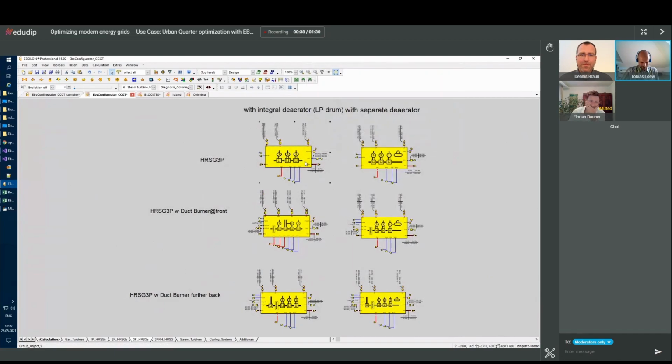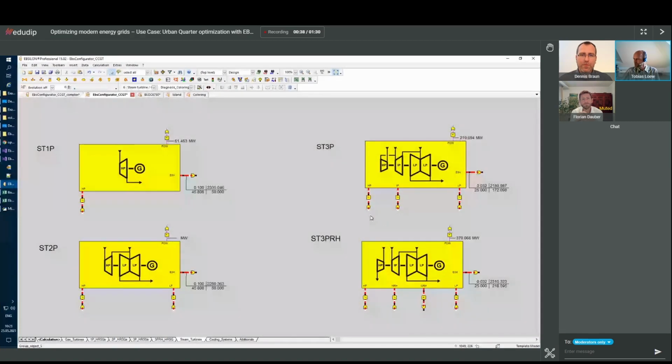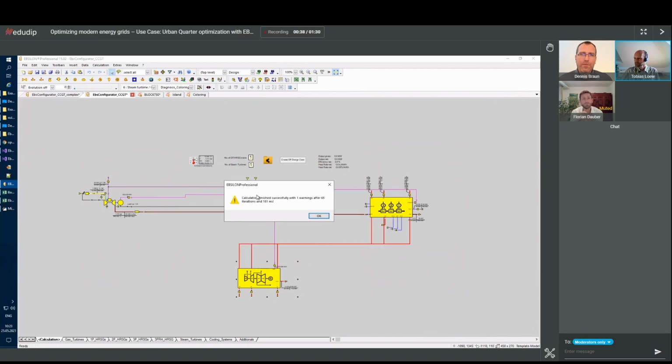I take an HRSG with three pressure stages, and I put in a steam turbine system, also with 3 stages, and I put it here. And now I only press a single button. I have to find it up here, or here it is, and we get all the lines, and it's already calculating.